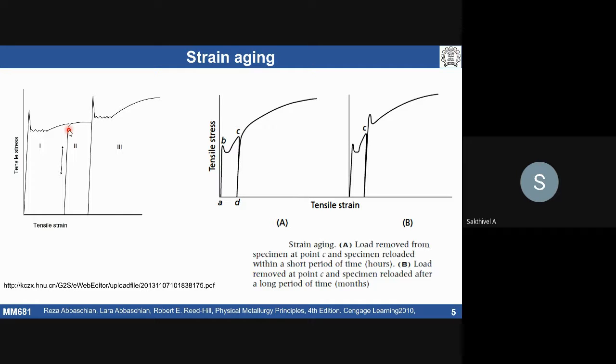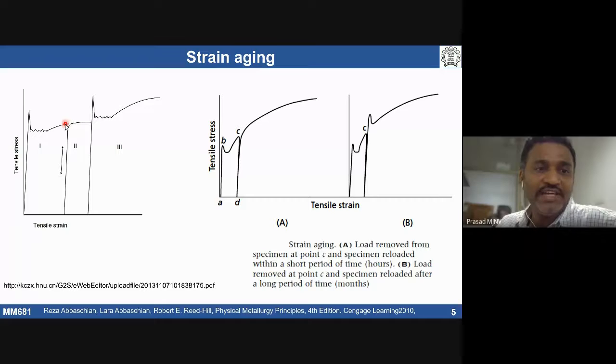But in case number 2, there is no pinning of solute atoms on dislocations, but there is already dislocation density because we did the experiment up to beyond yield. So the dislocation density may increase beyond a certain level, or otherwise that stress is already here.